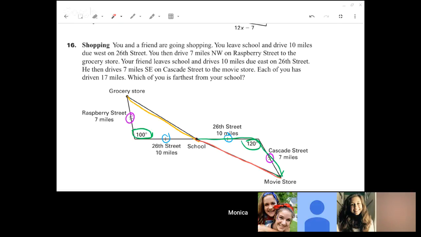Okay, so 120 degrees is bigger. So the side that's directly across from 120 degrees is going to be the side that's the largest, okay? It goes with what's directly across from it. So your friend who went to the movie store is going to be the one that's the furthest away from the school. Does that make sense? Okay, good.